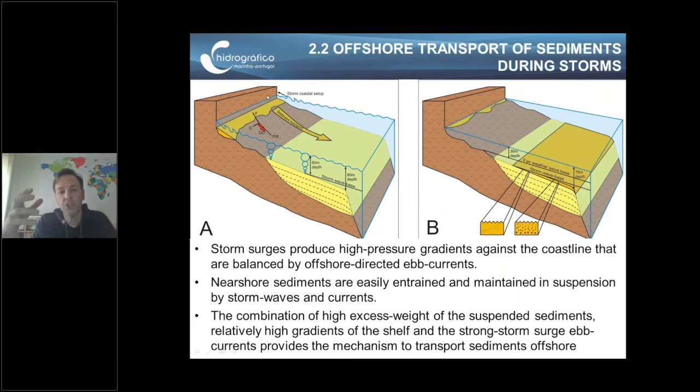Then the combination of the high excess weight of the suspended sediments, I mean the gravity, and the relatively high gradient of the shelf, like 2-3 degrees, and this strong ebb current, transports sediments from the near shore to the offshore. Some of them are deposited on the offshore part of the shelf, forming clinoform deposits, but others probably cross the shelf edge and reach the slope, and they probably aid in incising the gullies and the canyons.